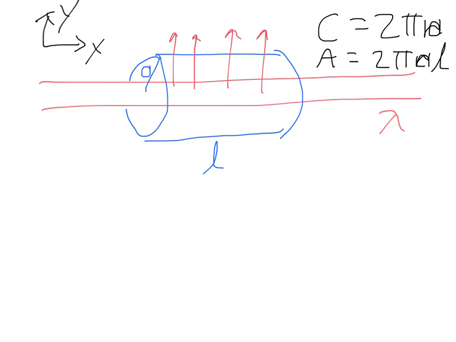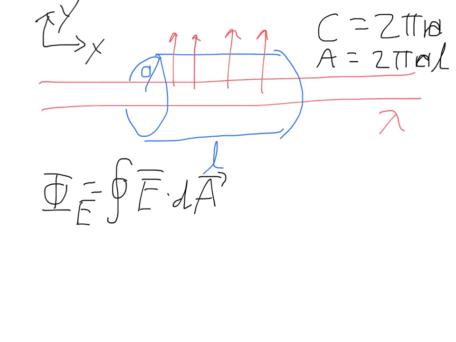So if we start setting up our flux equation for Gauss's law, because we're enclosing a surface here, that is equal to the surface integral of E dot dA. And we've set up everything to be perpendicular, so we just have the surface integral of E dA.